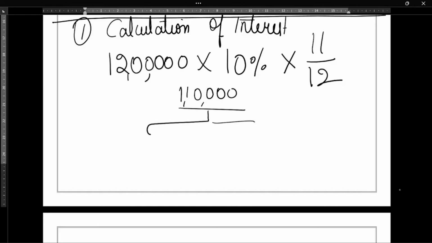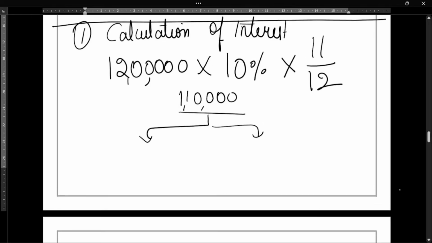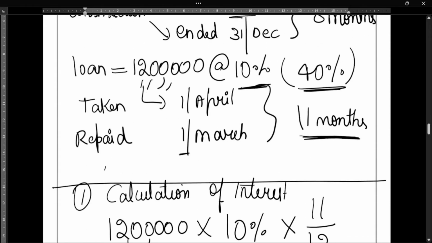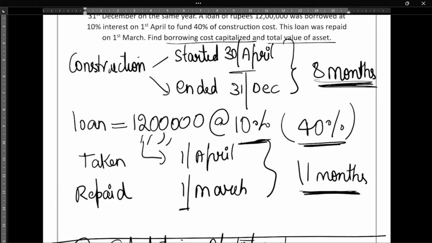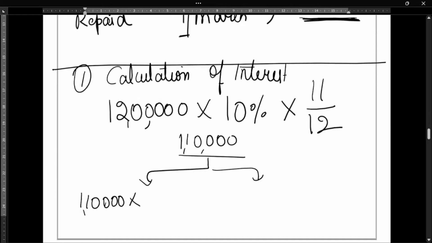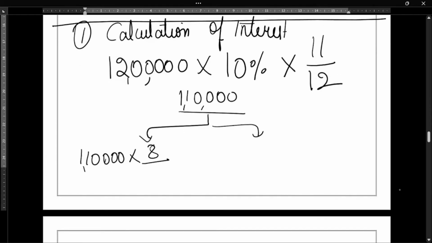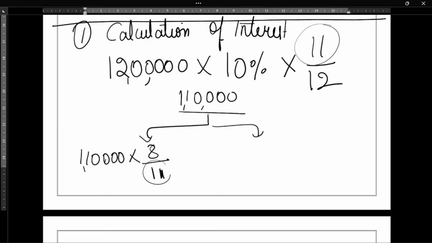Interest till the date of completion will be capitalized. So 1,10,000 into the number of months they have taken to construct the asset, which is 8 months only, divided by 11 because the loan was obtained for only 11 months. 1,10,000 into 8 divided by 11 will be 80,000.